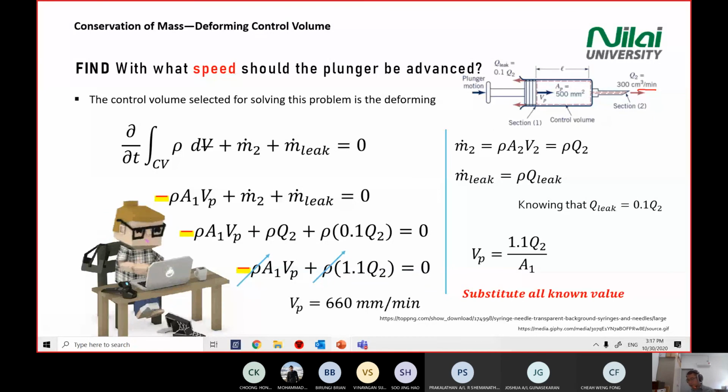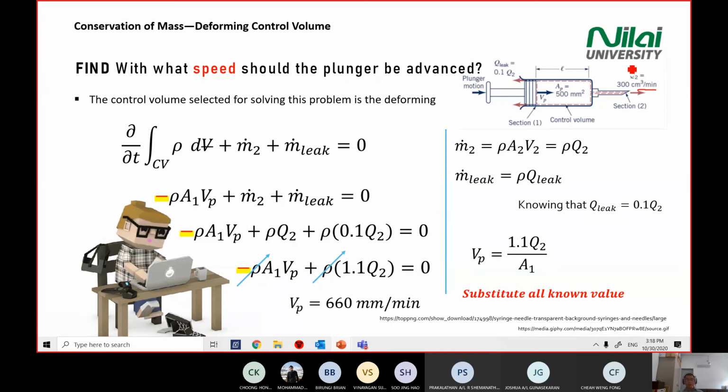We have done question 1.5. Any question? We have solved question 1.5 already. This is how we apply the Reynolds theorem in this case, right?